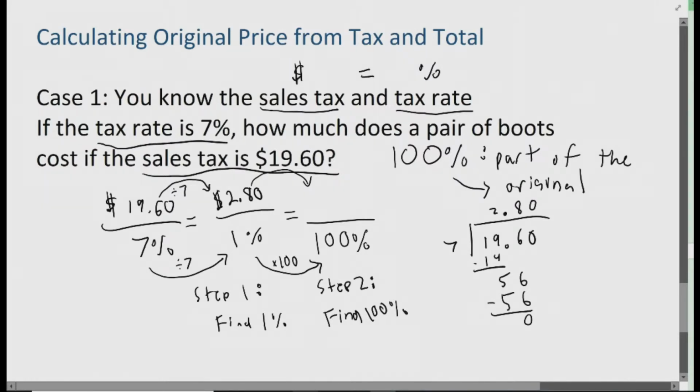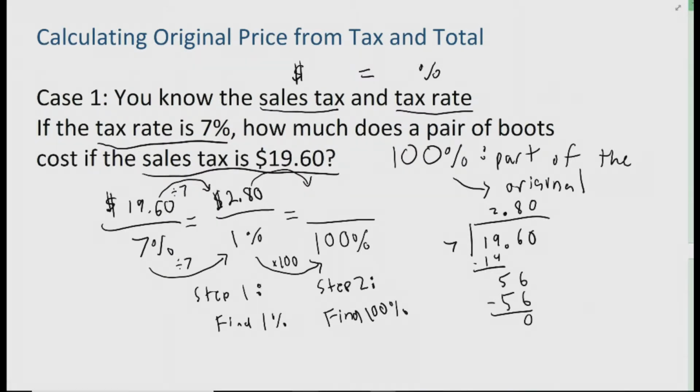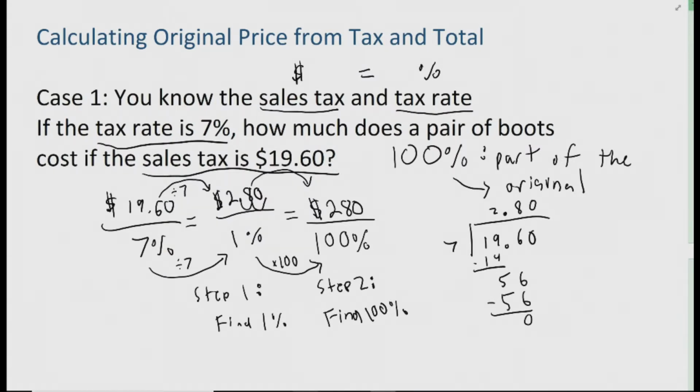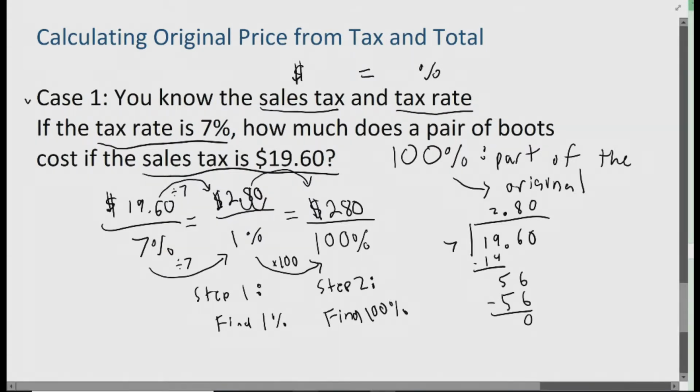If we're going to be doing the same thing over here to the numerator, that would be the same thing as moving the decimal point 2 places over to the right. 1, 2. So we know 280 is the original price, or 100% of the original cost. So that's how we take care of the first case.